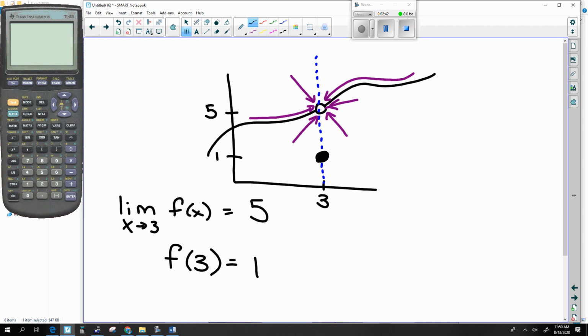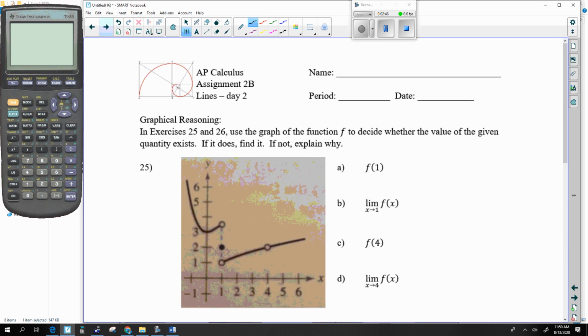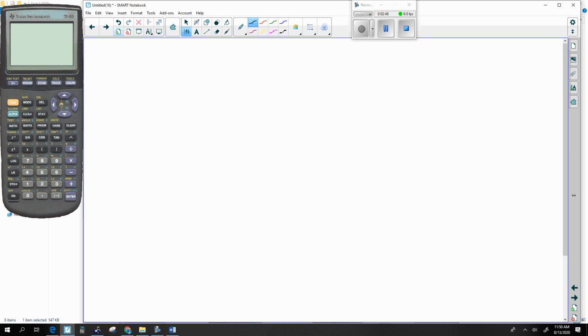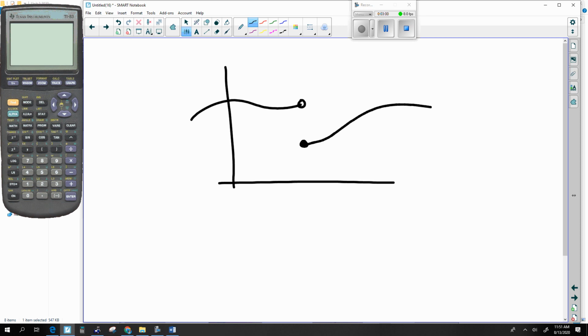Now, when do limits not exist? Like when do you not get an answer for a limit? Limits do not exist when you have, let's say you have 2 lines, but they don't imply the same point. Like, so what's the limit as we go to 3 here? Let's say that this is 1 and this is 4 or something like that.